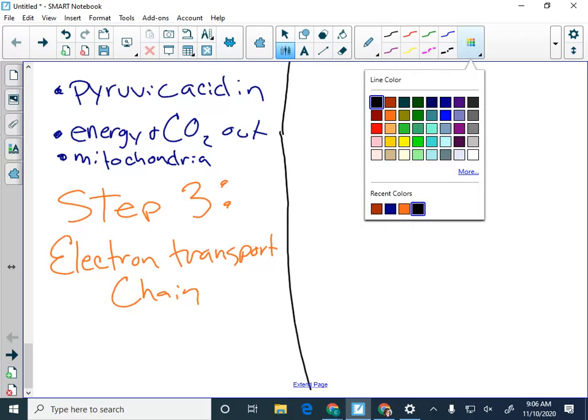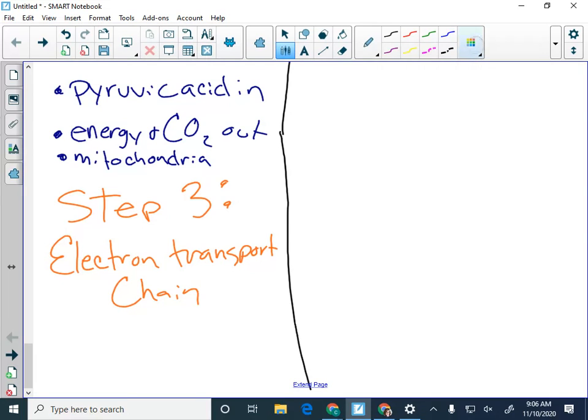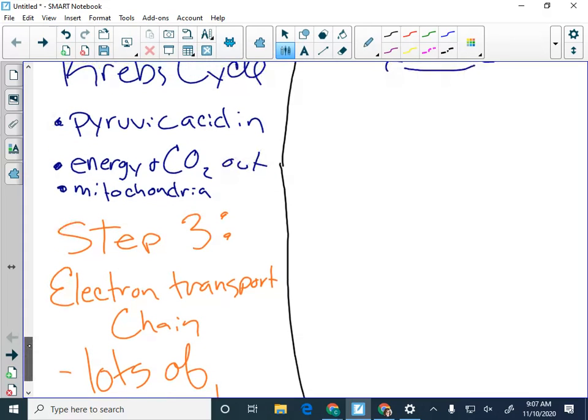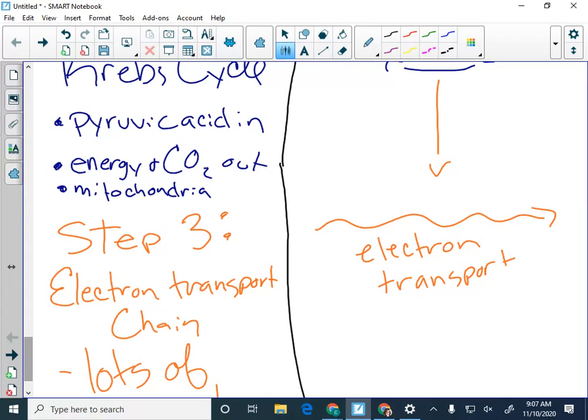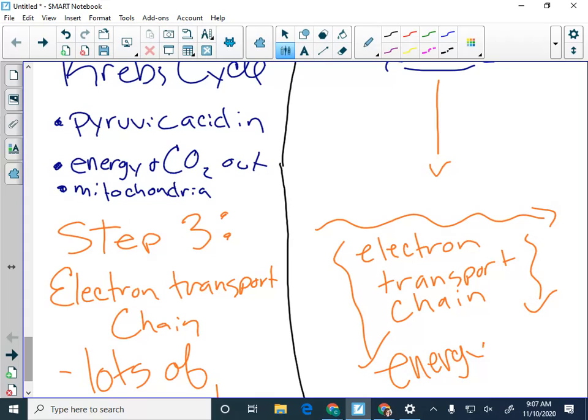One big electron transport chain. From here, we are going to get lots of energy. This is where most of our energy comes from. So we're going to move from our Krebs cycle into the electron transport chain, and we are going to get boatloads of energy.